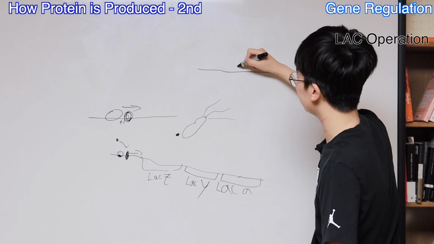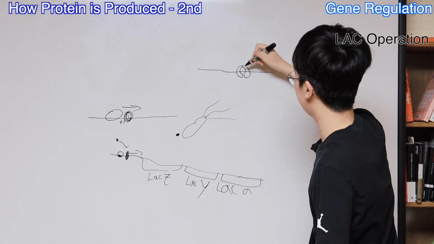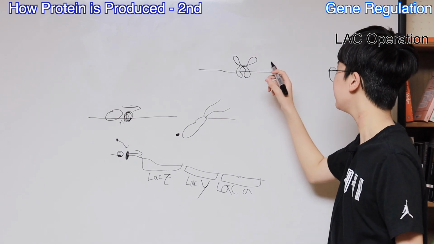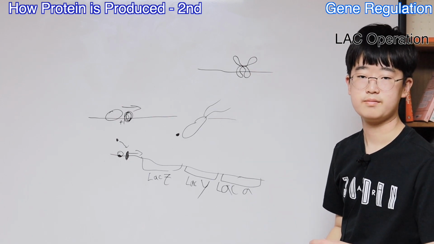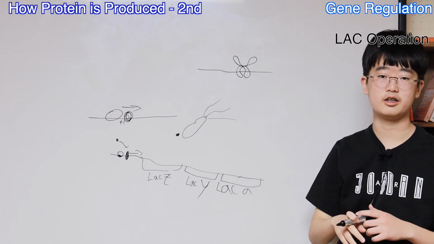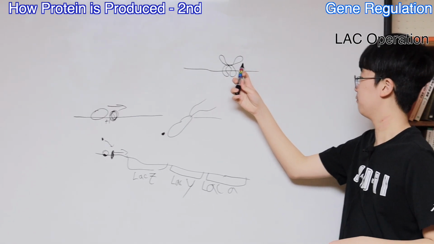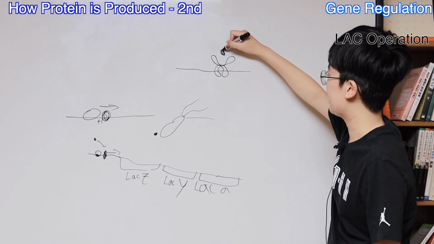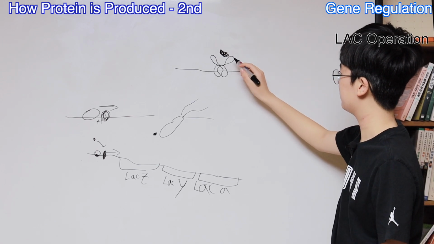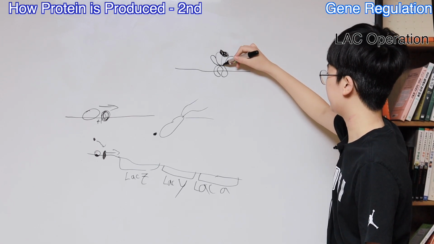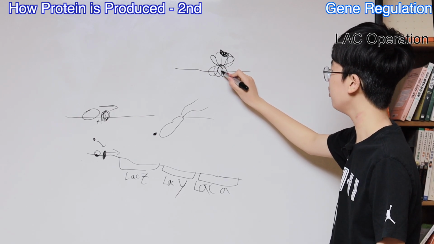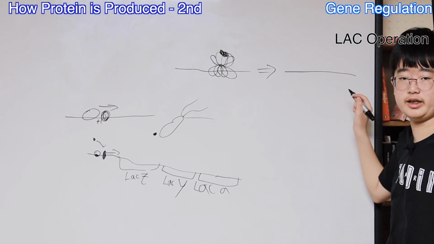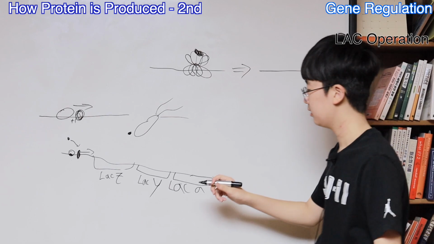So one handle is binding onto here, and the other handle is wide open, ready to bind to something else. This is kind of just a simple analogy: if one binds, the other is open. So here is a lactose. Then it binds onto the lactose, and this part opens. So then it is a free gene without any proteins bound to it.